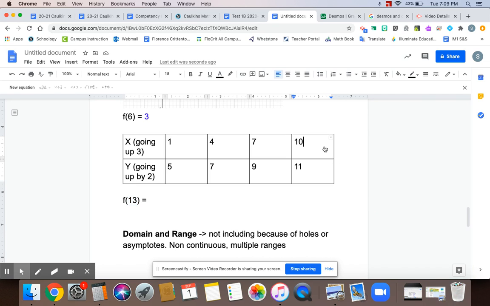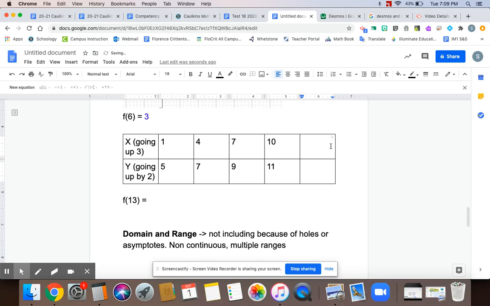So if I were to add in a whole other point where the x was 13, is it following the pattern where it's going up by 3? It is, because 10 plus 3 more is 13. Which means, following that same pattern, my y needs to go up by 2. And if my y goes up by 2, the answer is 13, so f of 13 would equal 13.